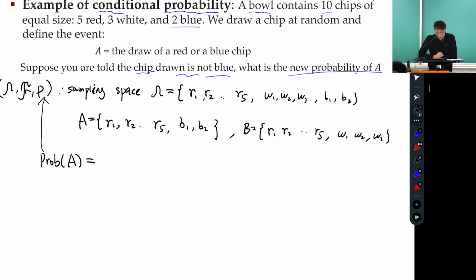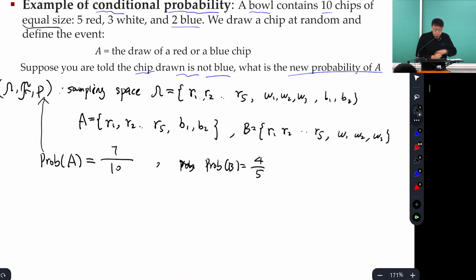Suppose everything is the same size, so you pick completely at random. That will be 7 possible cases divided by 10. That's the probability of A. What about the probability of B? 8 over 10, which is 4 over 5.